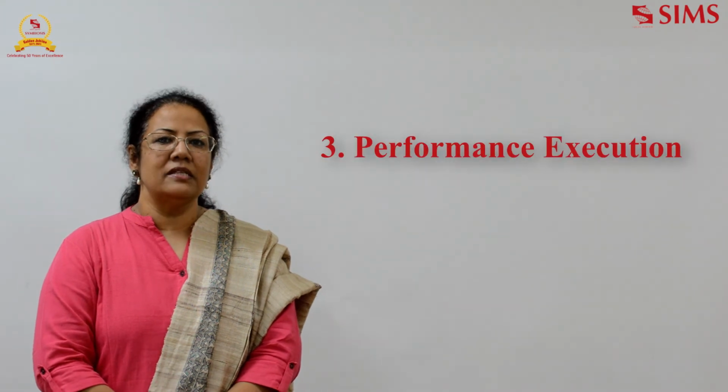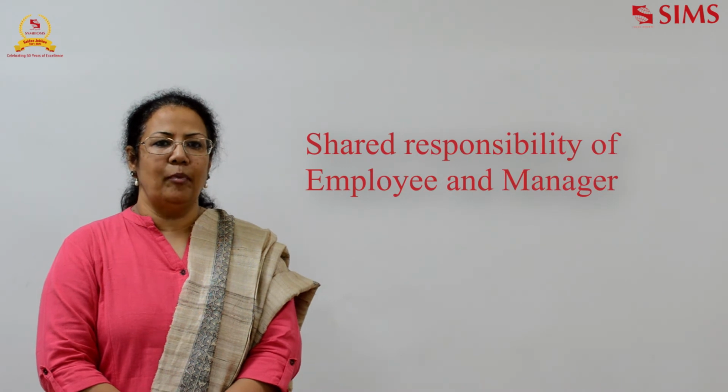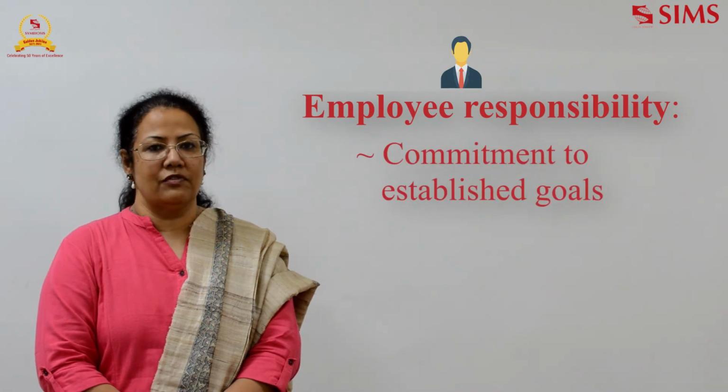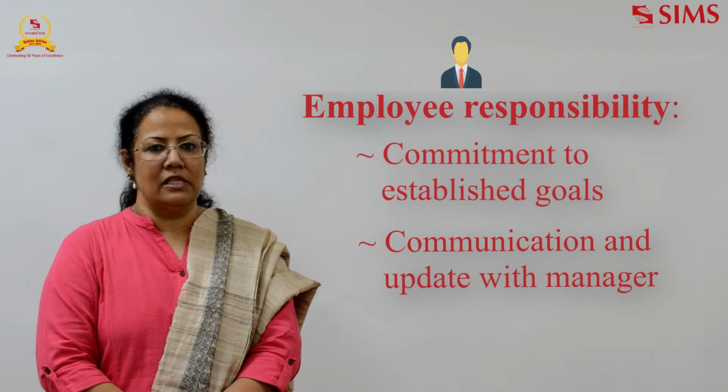The next step of the process of performance management is performance execution. This step of the process of performance management is a shared responsibility of the employee and the manager. The employee is responsible for his commitment towards the goals which are established and for communication about these goals and seeking an update from the manager.